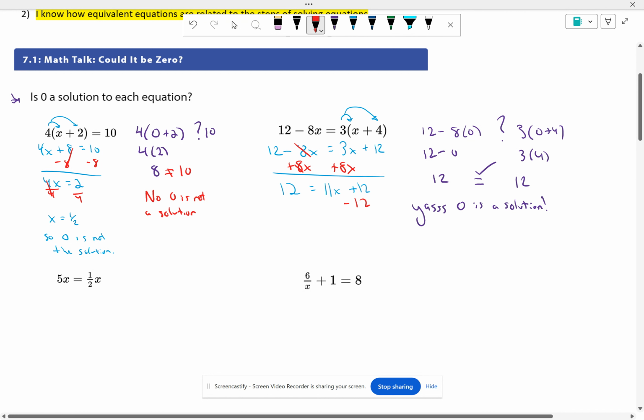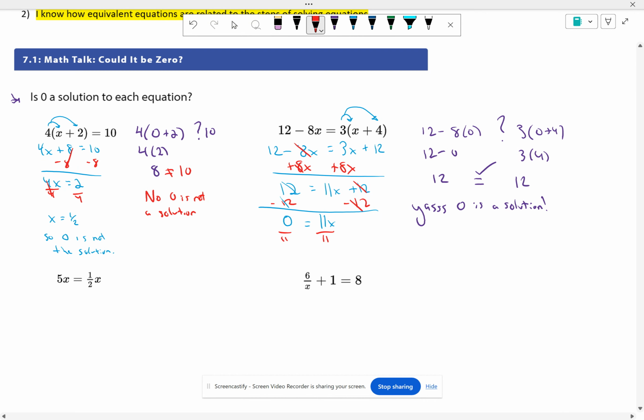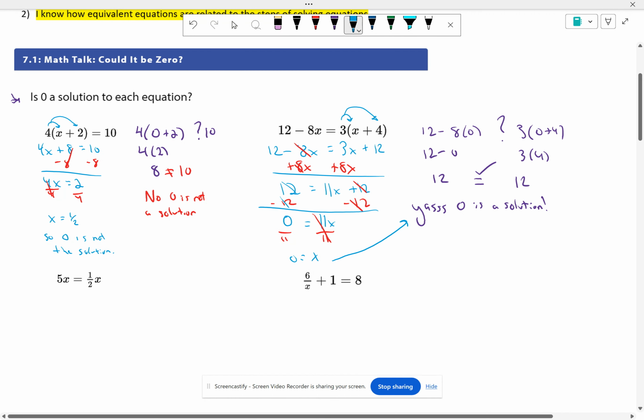And then when I subtract 12 on both sides, a lot of people get stuck here. And if you're one of those people, that's okay. 12 minus 12 is 0, but when I cancel those out, I got to put something here because there's some value that 11x is equal to, and 12 minus 12 is just 0. So then just divide both sides by 11, and 0 divided by 11 is 0. So again, that shows that 0 is a solution.